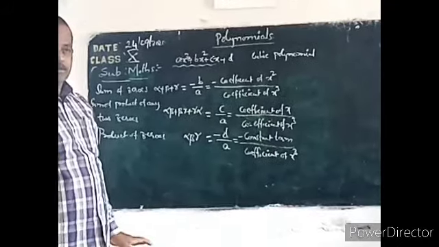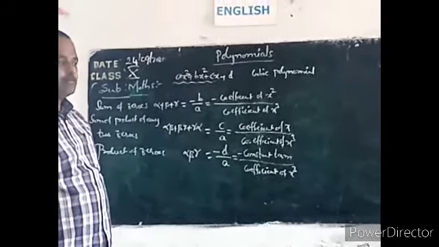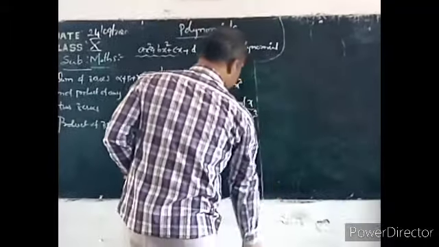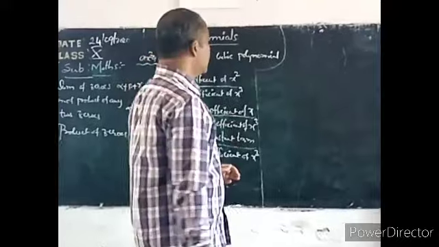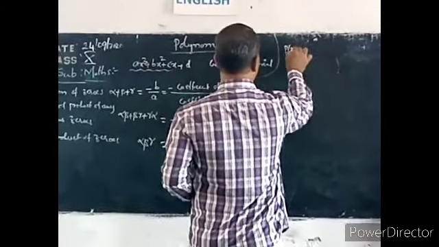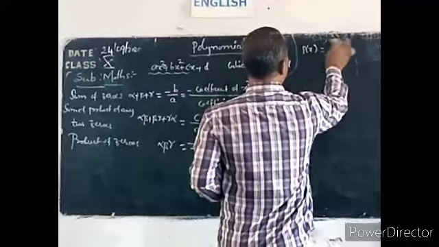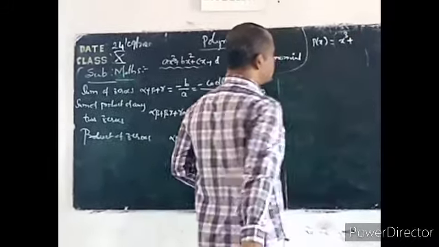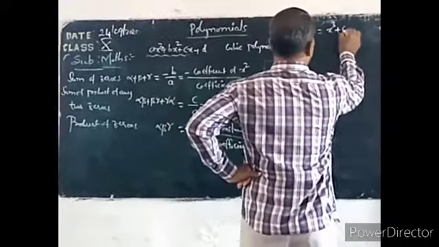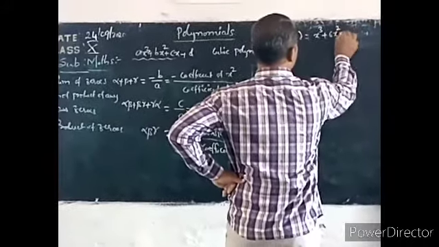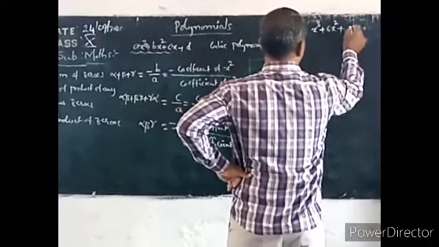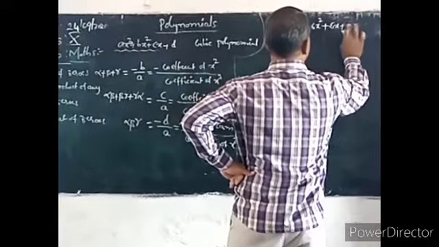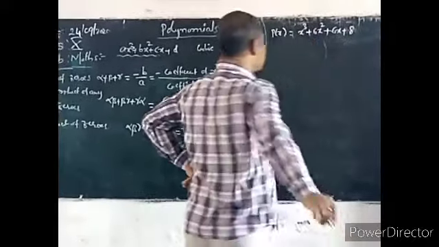Here, how to find the zeros for a cubic polynomial? You have two methods. One method I am going to explain to you. Now let p of x be x cube plus 6x square plus 6x plus 8.